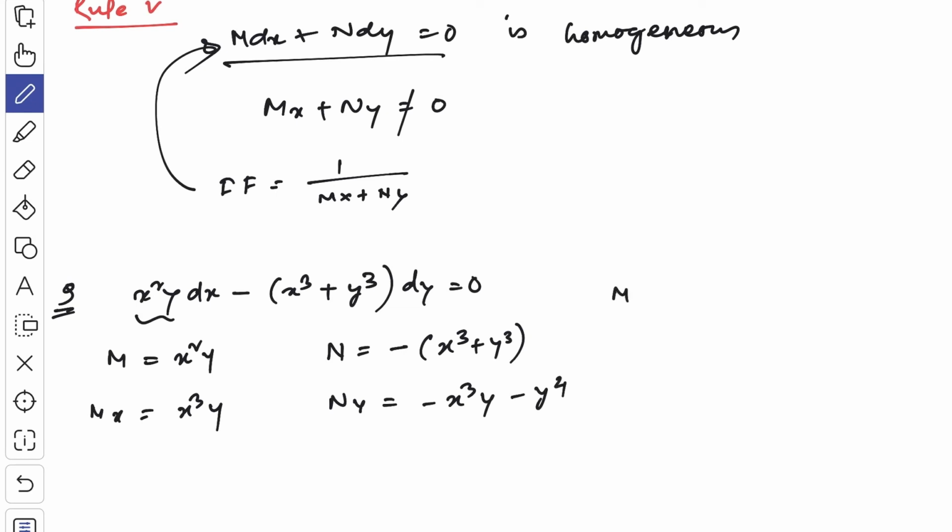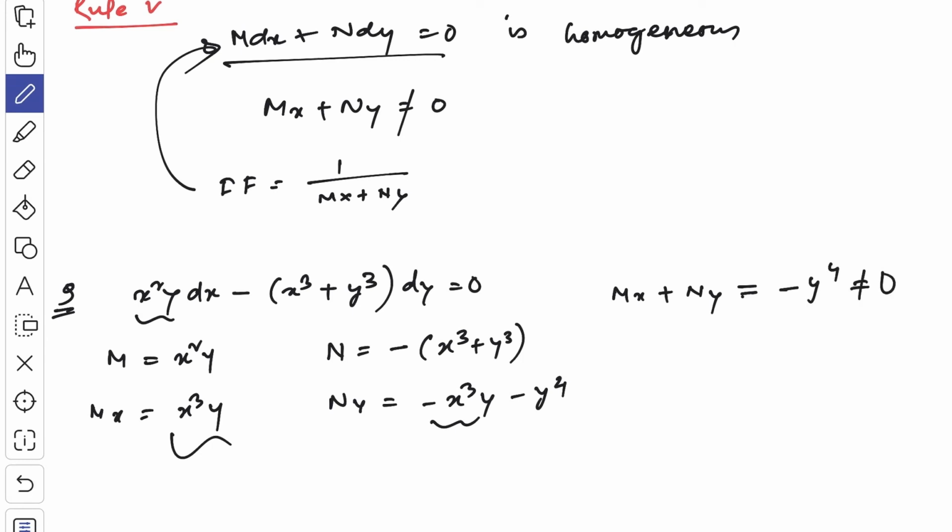So here you can see Mx plus Ny. If you add these two, these two terms will be cancelled on adding. So you will get minus y to the power 4, which is not equal to 0.